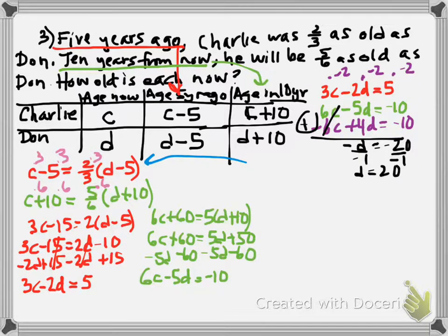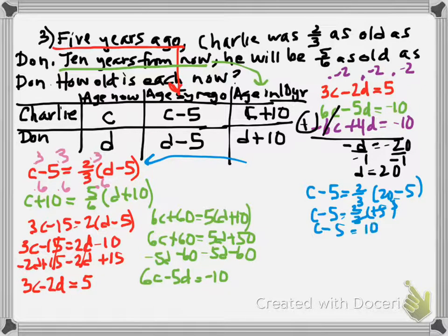So I'll just plug it in here, and I get c minus 5 equals 2/3 times the quantity 20 minus 5. It's really important that you go back and put it into the original equations. So c minus 5 equals 2/3 times 15. 3 goes into 15 5 times. I get c minus 5 equals 2 times 5, or 10. Add 5 to both sides, and I get c equals 15.